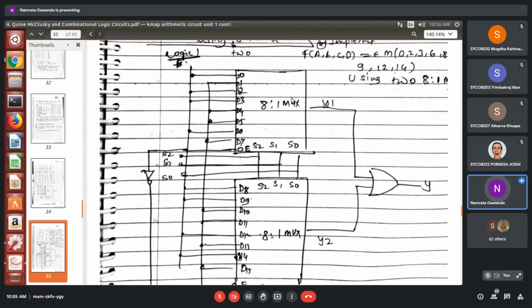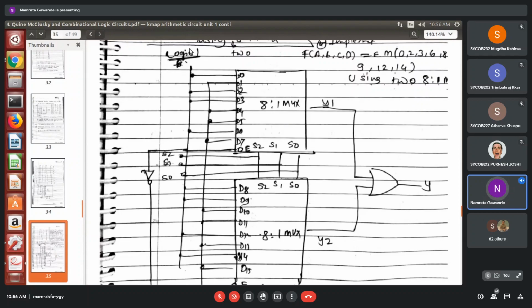Now, after that, the connections are made to logic 1 and logic 0 based on this particular expression. Whatever min terms are present, those connections are made to logic 1. Here you can see 0, 2, 3, 6, 8, 9, 12 and 14. 12 and 14 are connected to logic 1.